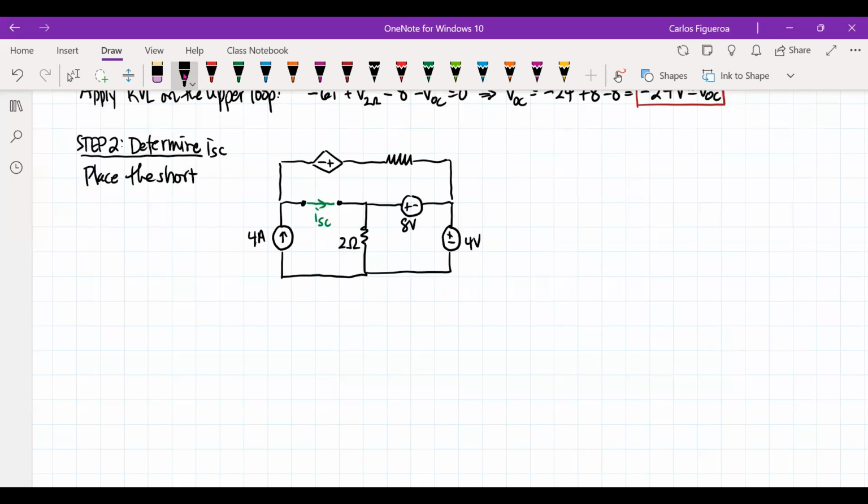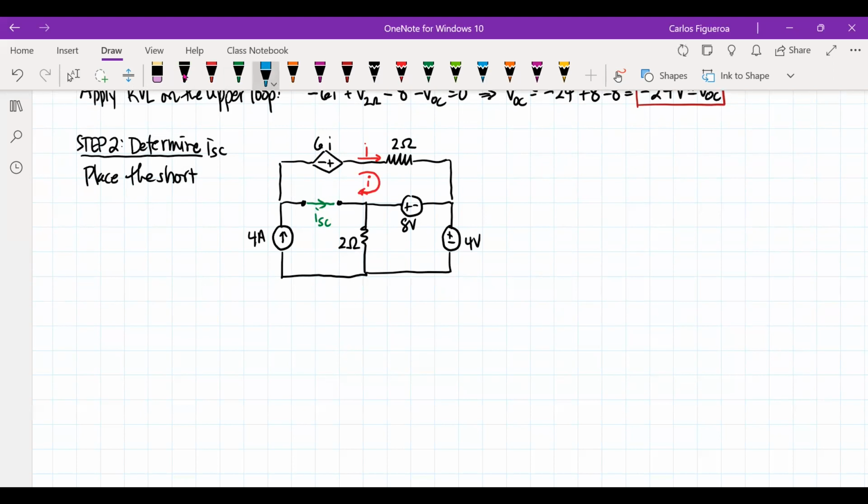Here's my 2 ohm, here's my 6I, and here's my current I right there. So I need to solve for I short circuit. So what's probably the easiest way to do this? There are some shortcuts, but probably the simplest way here, I'm going to label this as loop 1, which I'll call I.